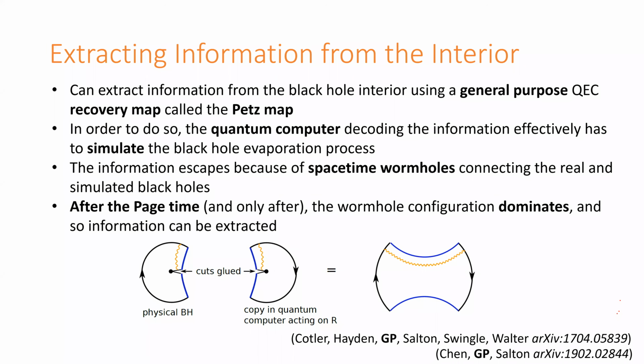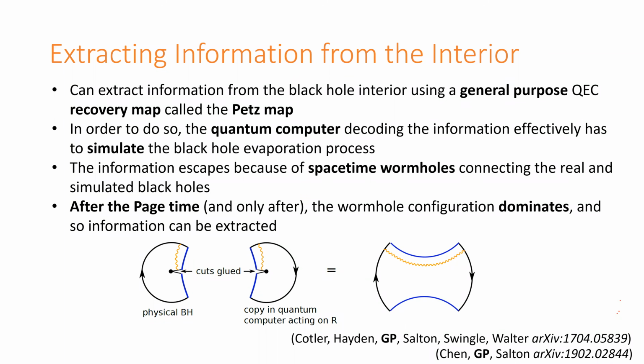So the operator is an operator on the Hawking radiation, but this is a general purpose tool for doing error correction, right? So it needs some input about the thing you're trying to error correct. That input is effectively a simulation of another copy of the black hole.